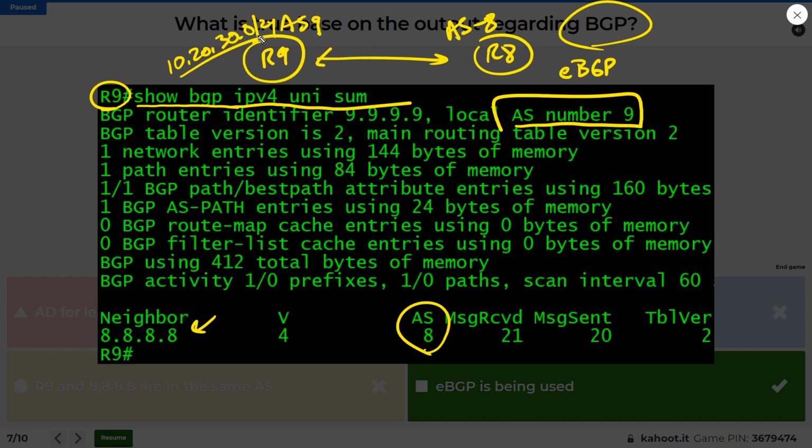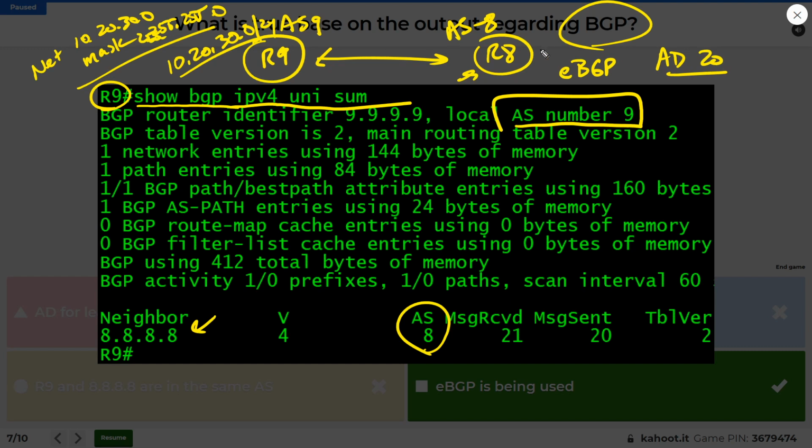If R9 advertises that with a network statement, which would be network 10.20.30.0, the keyword mask, and then the dotted decimal mask of 255.255.255.0, assuming he had that route, it would show up over here at R8. Assuming there wasn't already competition for it, that route would be injected in the routing table of R8 with the next hop of R9, and it would show an AD of 20 because it was learned via external BGP.